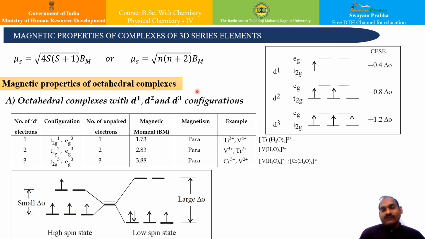So first we will classify the octahedral complexes with d1, d2 and d3 configurations. What do I mean by this? These complexes will have the configurations t2g1, t2g2 and t2g3 respectively. All of these electrons are basically unpaired, and so they are paramagnetic in nature with increasing magnetic moments.